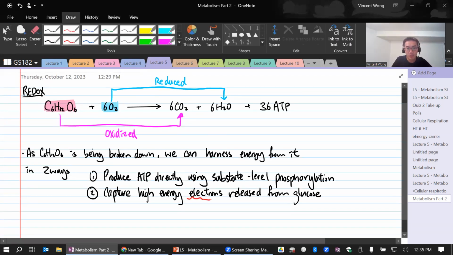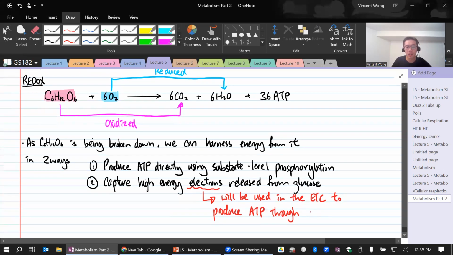And then these electrons, as you know, will be used in the ETC to produce ATP through the other method, right? The other method is oxidative phosphorylation. All right. So that's the story so far.